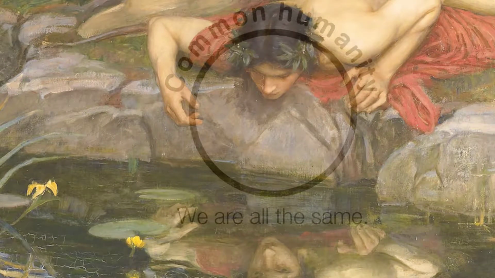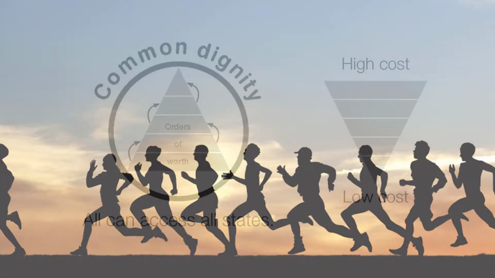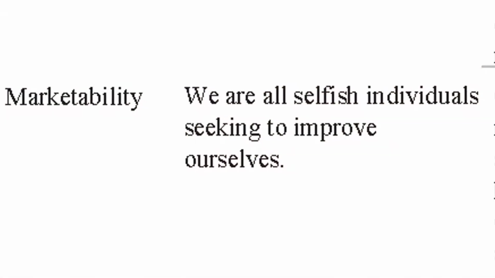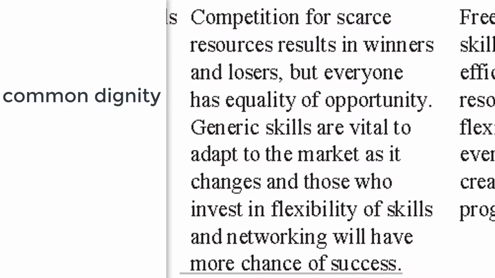Now, that selfishness results in a situation where, although everyone can be selfish, only certain people take that selfishness and transform it into a situation where they make sure that they develop the skills and the abilities to move themselves ahead in life. So the competition between selfish people results in winners and losers, but everyone in that situation has equality of opportunity. That's your common dignity. That's what gives you all the chance to succeed.